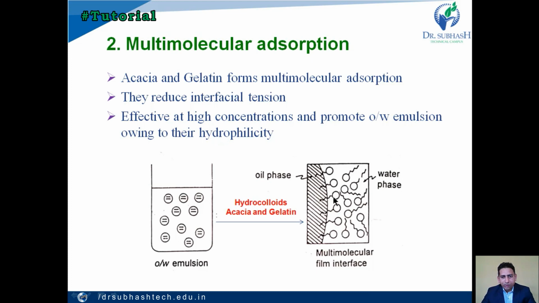These are the molecules of acacia and gelatin, forming the first layer, then a second layer, then a third layer. Likewise they form the multimolecular film, and again a stable emulsion will be prepared with the help of multimolecular adsorption.